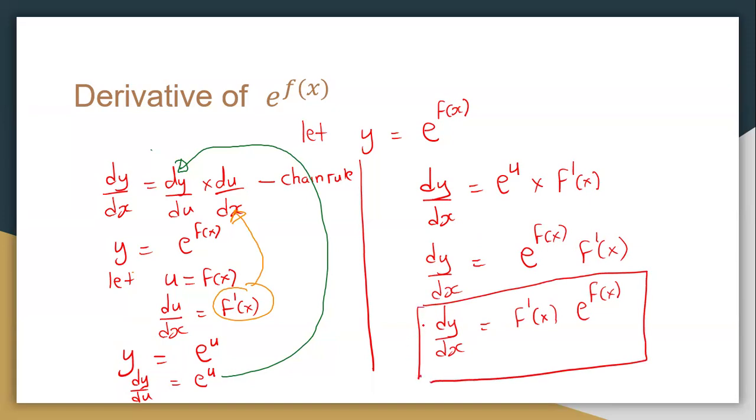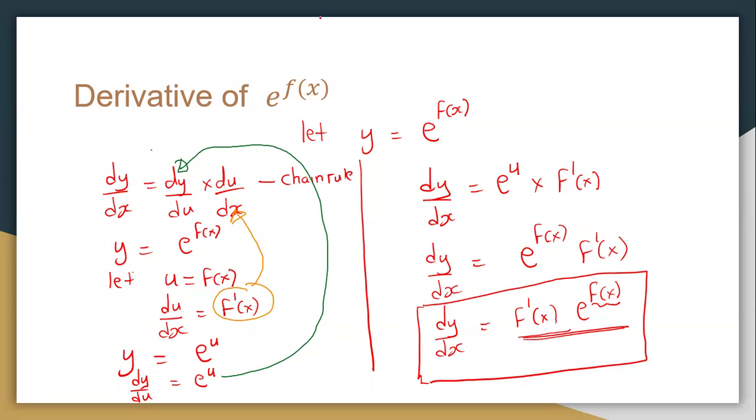This is going to be very important whenever we are differentiating any exponential function. The first thing you have to do is always look at the function. In order to differentiate it, you get the function f(x) and differentiate it. You place it first, and after that you write the original thing. This is the general rule we are going to be applying.